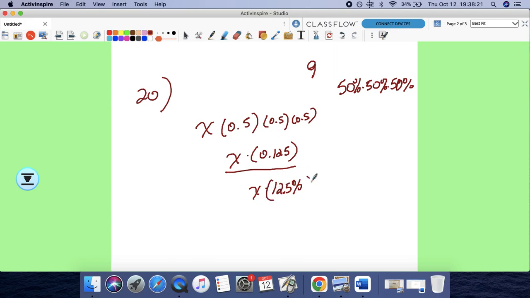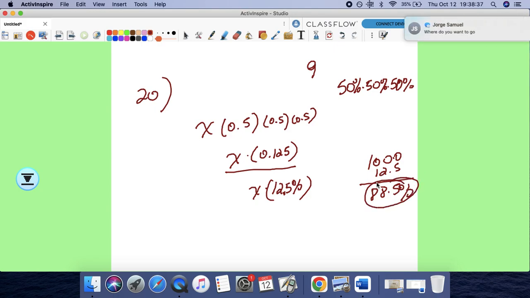And we want to know how much is left over. Well, if it's 12.5% left, the decrease is 100 minus 12.5, which is 87.5%. Okay. Sorry, guys.